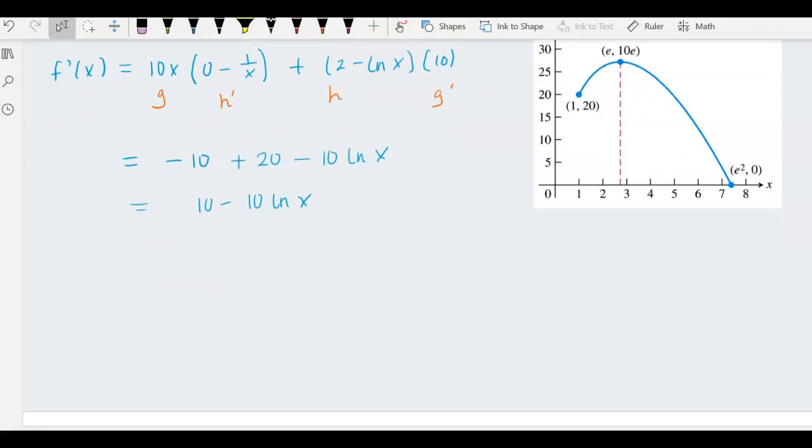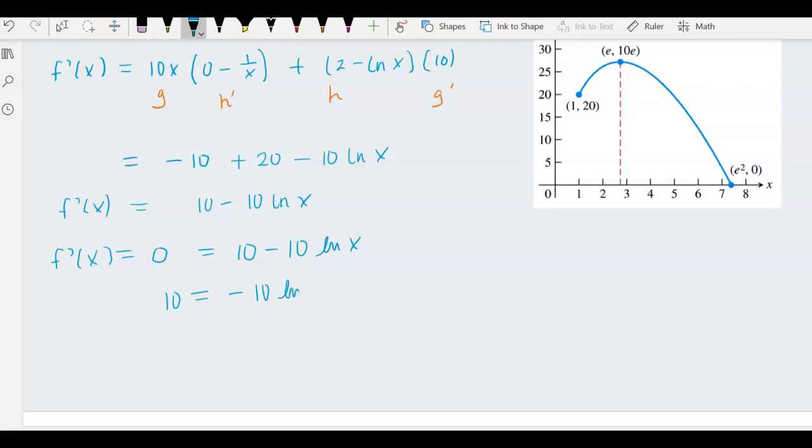The next thing to do is we want to determine when does the derivative equal 0, because that'll give us the critical numbers. So when does f prime of x equal 0? So 10 equals negative, oops, forgot the log there.